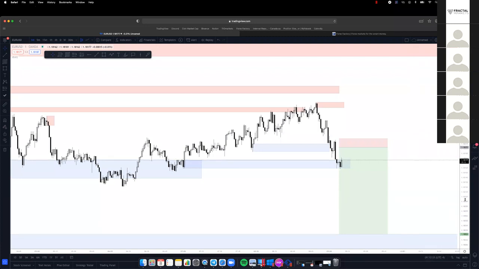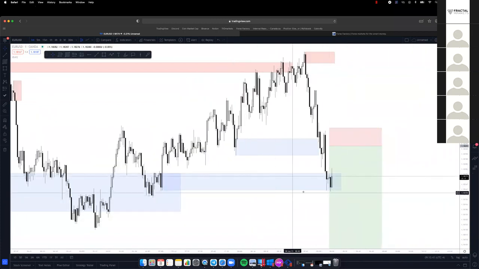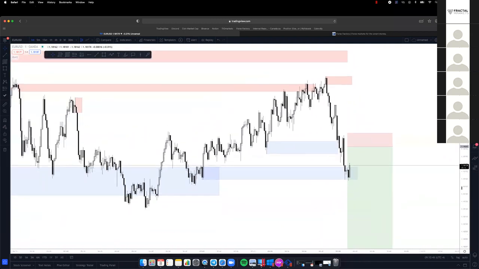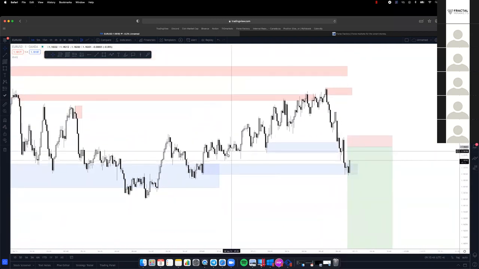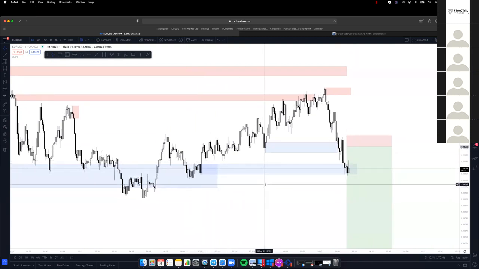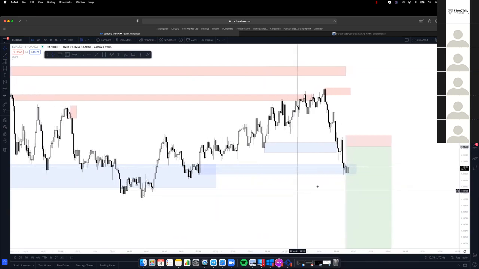Well, ultimately, demand didn't hold here. It did break by a very small amount. The choice is yours whether or not you want to see that as a break. Right now, there's potentially resting orders in this one. I'm just waiting for more confirmation. I'm in no rush to get into something. I know how this process works.